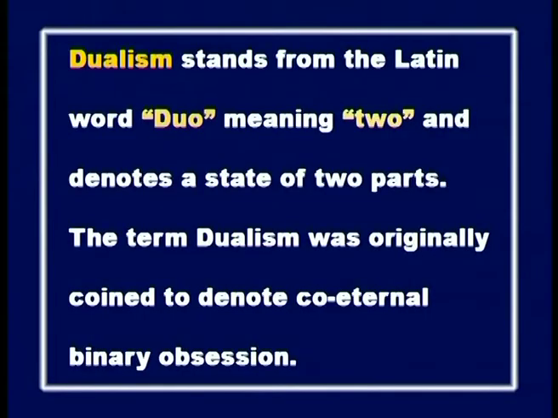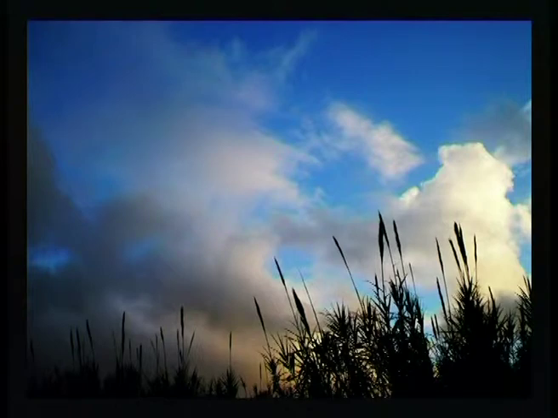Now let's turn to the word dualism. Dualism stems from the Latin word duo, meaning two, and denotes a state of two parts. The term dualism was originally coined to denote co-eternal binary opposition, a meaning that is preserved in metaphysical and philosophical duality discourses, but has been diluted in general or common usages.